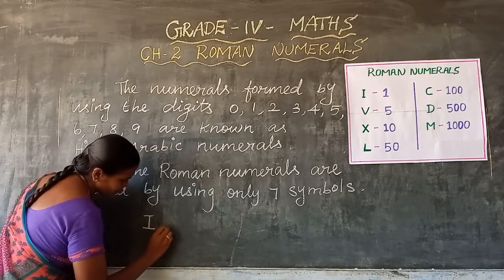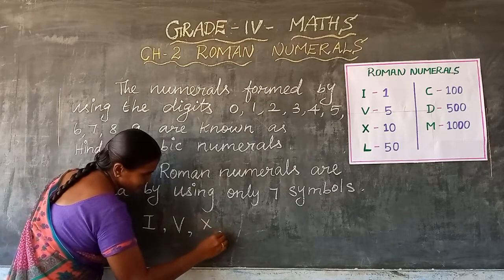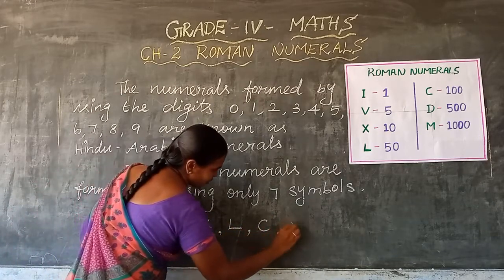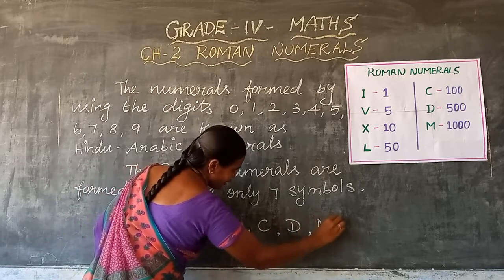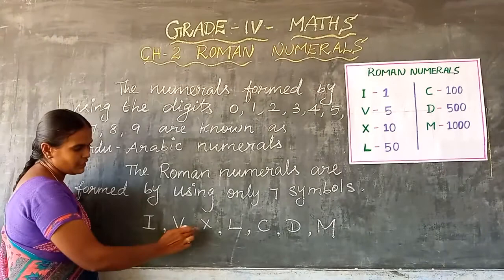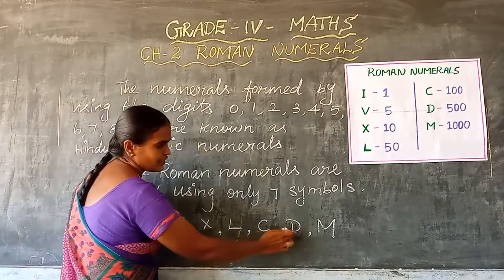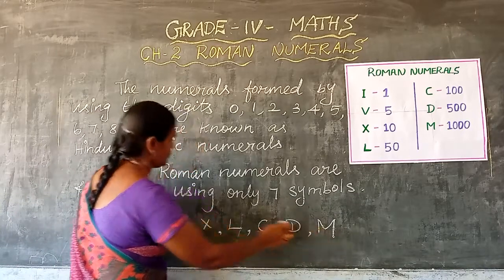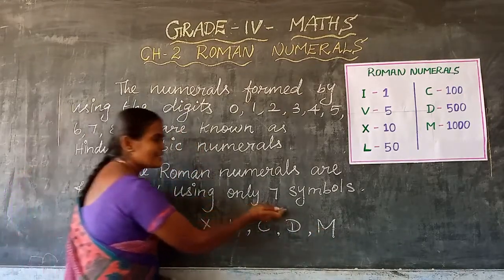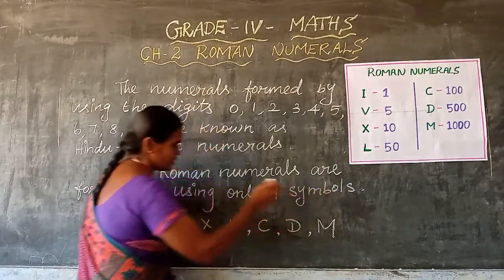I, V, X, L, C, D, M. The Roman numerals are formed by using only 7 symbols. How many symbols? 7 symbols.